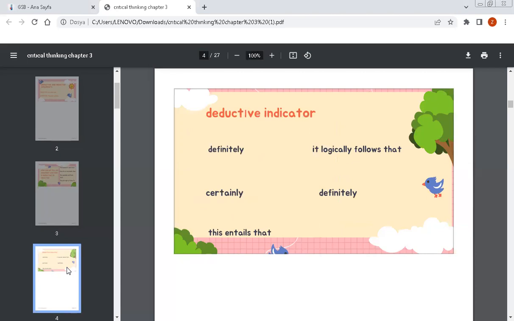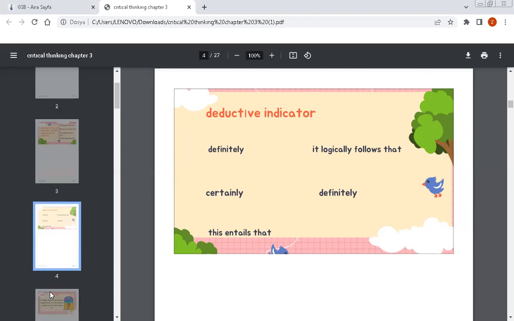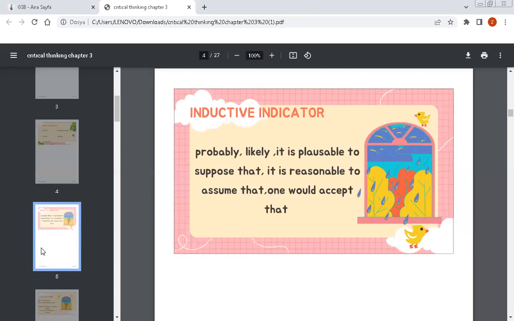When we see indicator words such as certainly, definitely, absolutely, conclusively, it logically follows that, this entails that, this type of indicator is a deductive indicator. On the other hand, when we see indicators such as probably, likely, it is plausible to suppose that, it's reasonable to assume that, one would accept that, and so on, it is an inductive indicator.